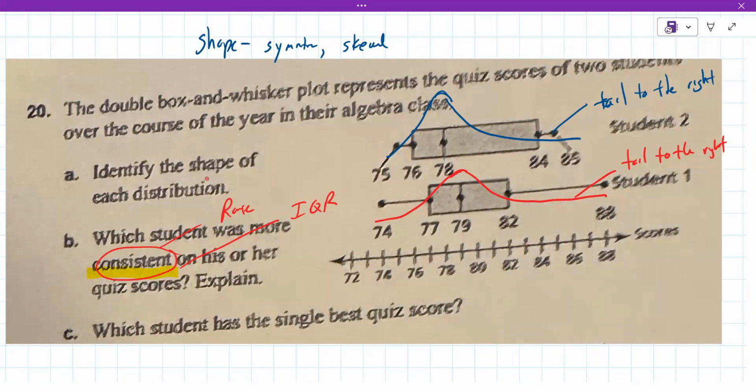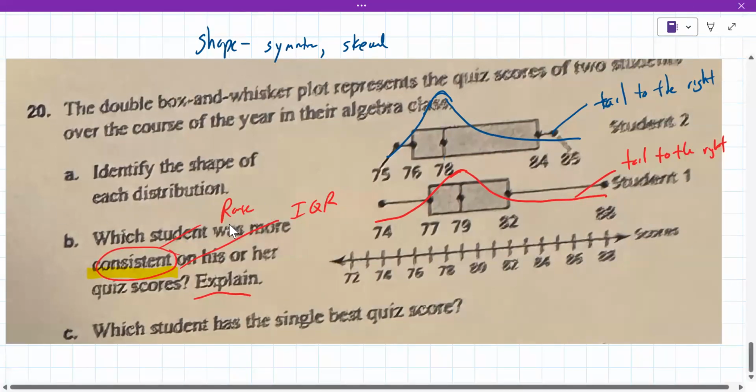That's why it says explain. You can't really go wrong either way. You just have to justify your answer. You'll hear this in the industry: what are we going to use to determine consistency? If it's range, then you're right. If it's interquartile range, then it's something else.